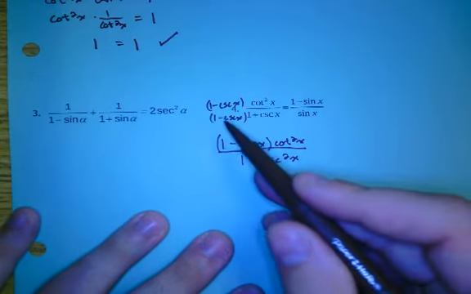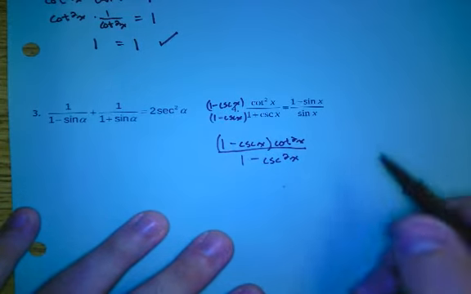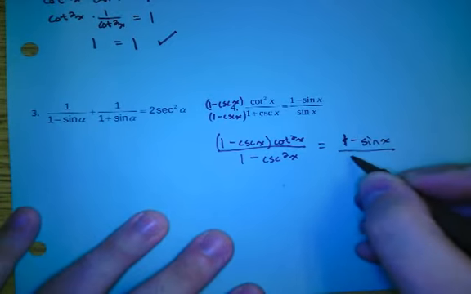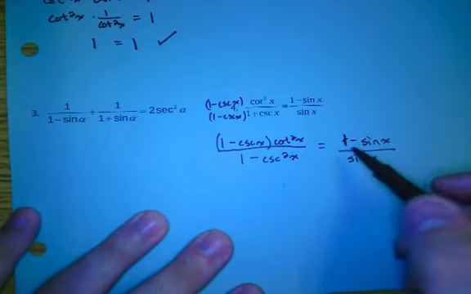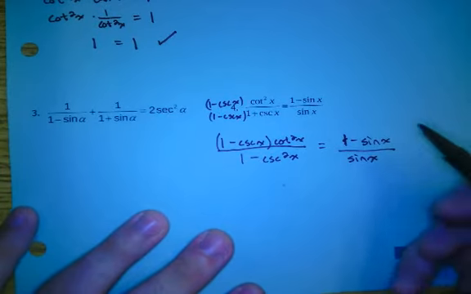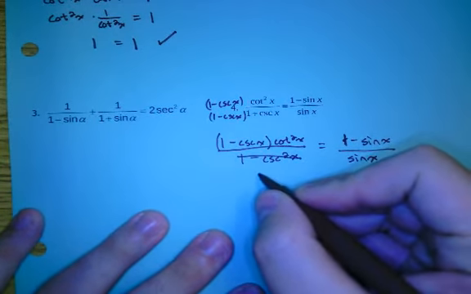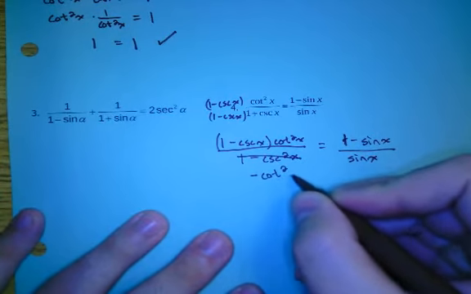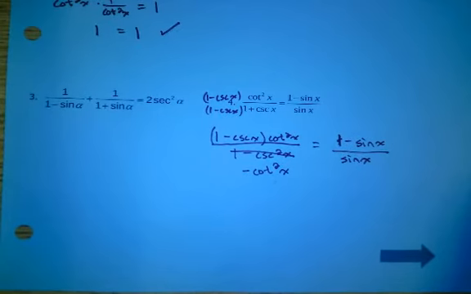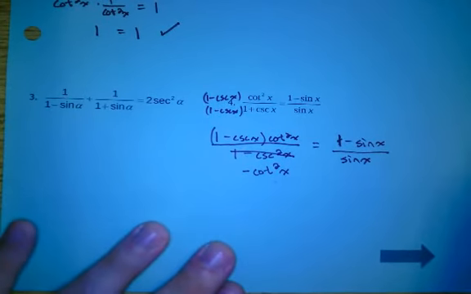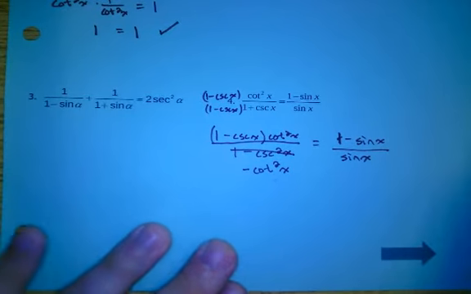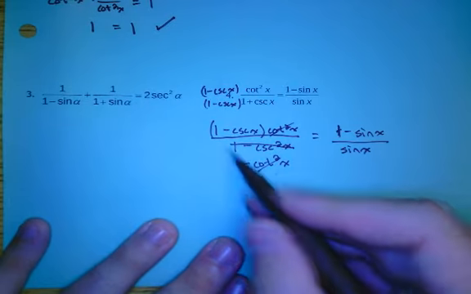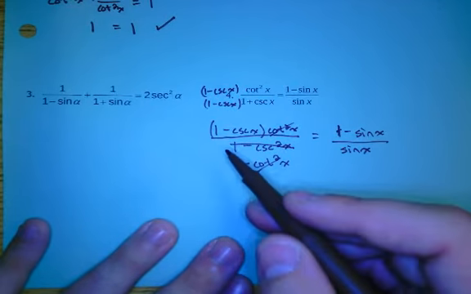When you multiply by the conjugate, it becomes a negative. So what does this 1 minus cosecant squared turn into? Negative cotangent squared. Boom, you cancel it out. So that negative is still there, and I'm going to distribute that negative up on top.